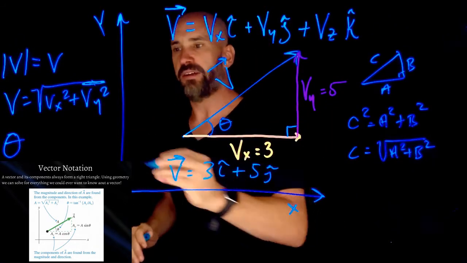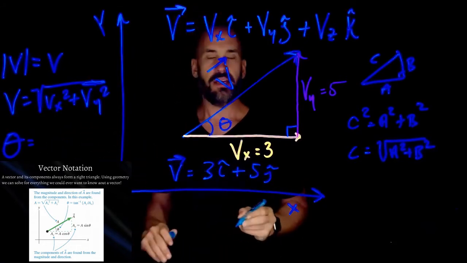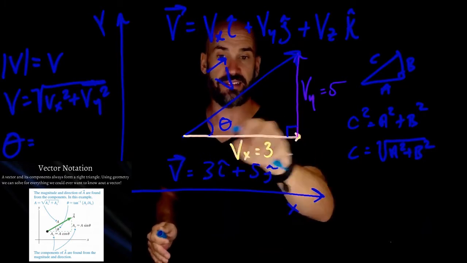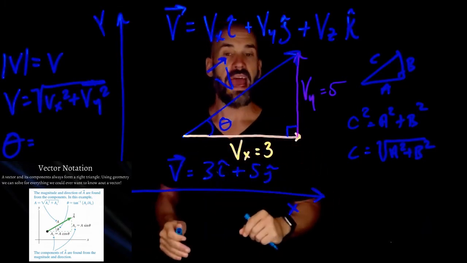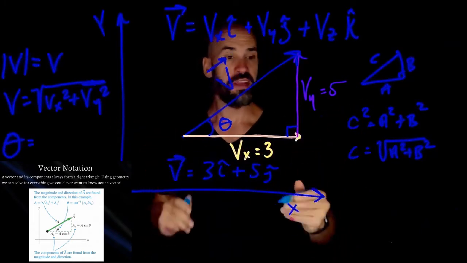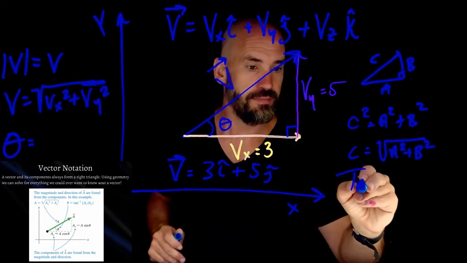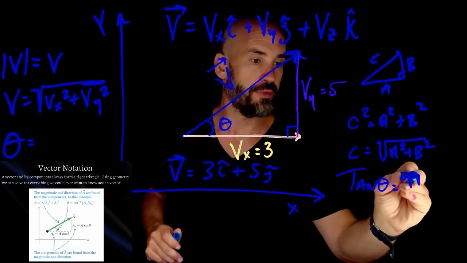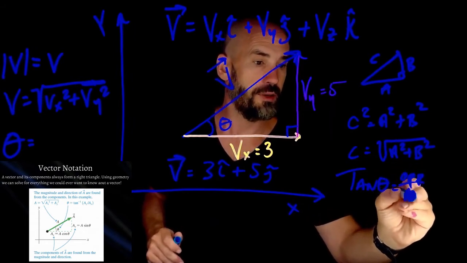Okay? And what about the direction of the vector, right? We need to know what direction this vector is pointing. Well, it's pointing at some angle from the x-axis, as we can see from here. And we also know from SOHCAHTOA that tan theta is equal to opposite over adjacent, right?